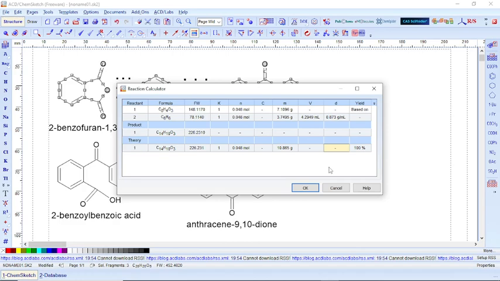But when we start using the advanced software, it can actually tell you the concentrations of the solid reagents.